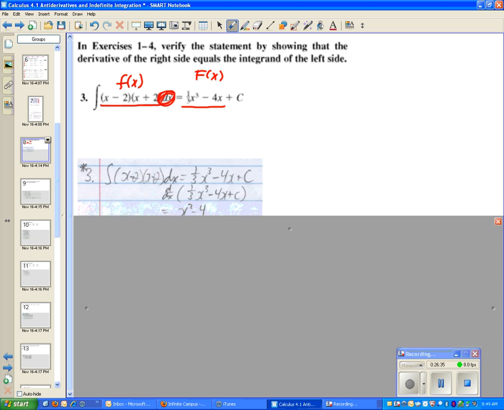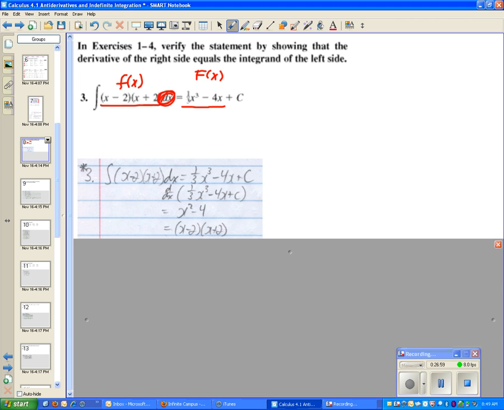X squared. And the derivative of negative 4x is negative 4. And the derivative of any constant is 0. No need to write plus 0. All right, so far, though, the derivative doesn't look like the integrand. What do I need to do to x squared minus 4 to make it look like the integrand of the left side? Factor it. And we've done it now, haven't we?